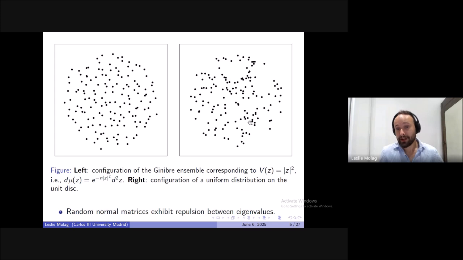In the right picture, we just had a uniform distribution on the unit disk. But on the left, you also see that these particles are contained in some region, and there aren't many outliers. For this particular model, the Ginibre ensemble, in the large n limit, all the eigenvalues will be on the unit disk.